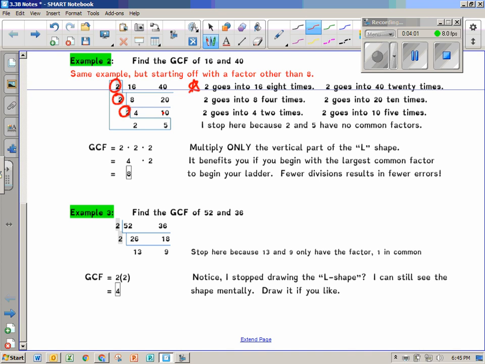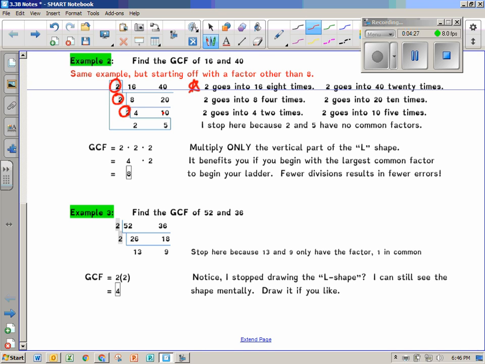I did a third example here. This one might be a little bit harder to see at the beginning if you're not 100% sure. So they're both even, so I factored out a 2. 2 goes into 52 26 times, 2 goes into 36 18 times. Factored out a 2 again, 2 goes into 26 13, 2 into 18 9 times.